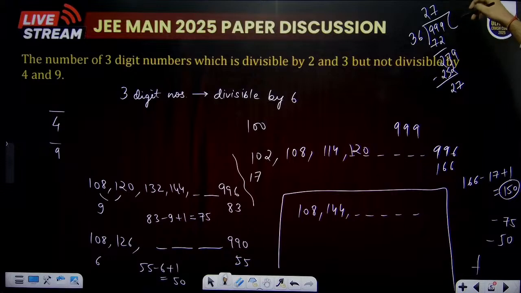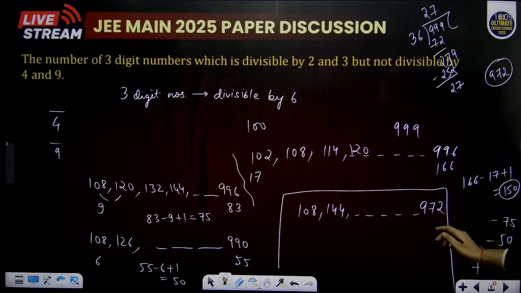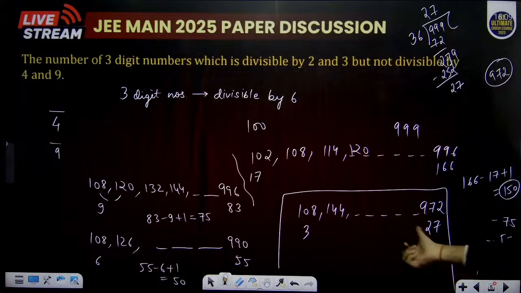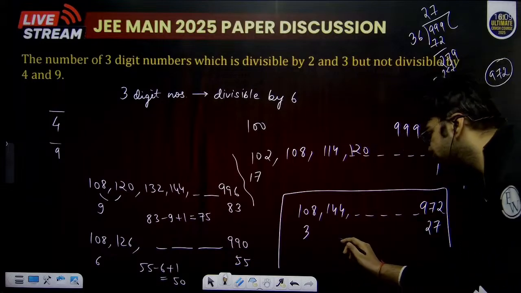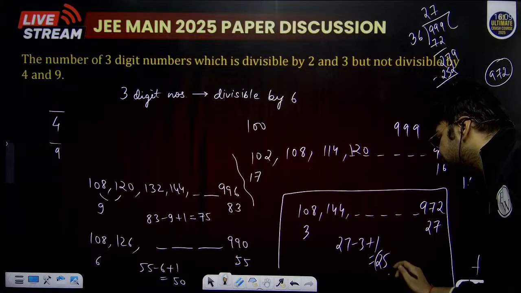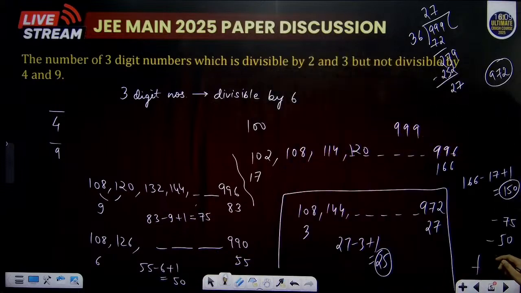So 999 minus 27, 972 is the last number which is divisible by 36. So 27, 36 into 3, 27 minus 3 plus 1. Total 25 numbers are there which you have subtracted twice. So you will have to add it and finally you will get 50 as your correct answer.